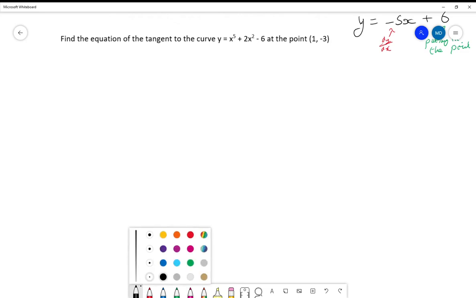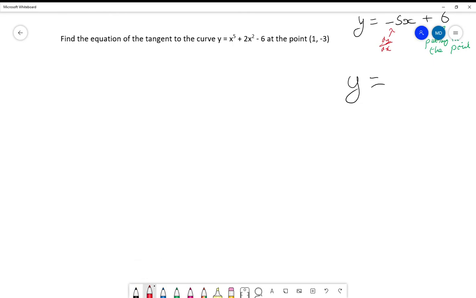We want a line of the form y equals mx plus c, where m is our gradient and c is our y-intercept, and we need to find those things.